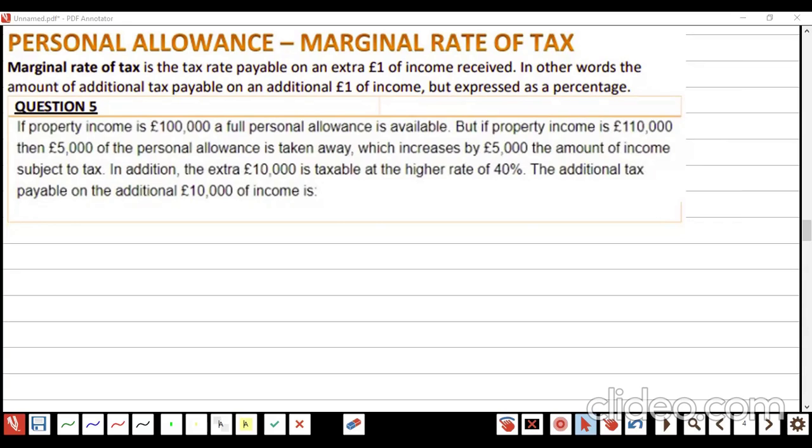This is a new topic which is not in the TX syllabus. The marginal rate of tax is not in TX, but it is in ATX. So inshallah in the next class we will start with this one and try to catch up on the marginal rate of tax.